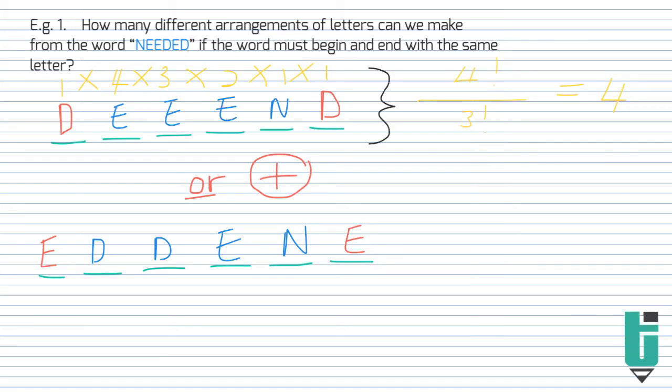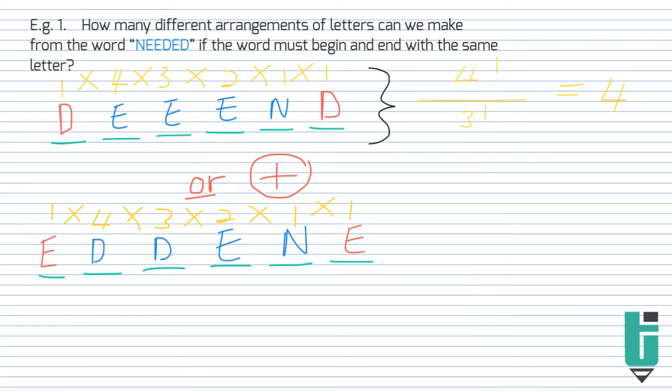Okay. So now we move on to case 2 and we're going to do the exact same thing. What we want to do is see that the E in the front and the back, once again, are fixed values, 1. Now we can look at the center. So this once again is just going to be 4, 3, 2, 1. And we just multiply these values together to get the total amount of arrangements that we can make.